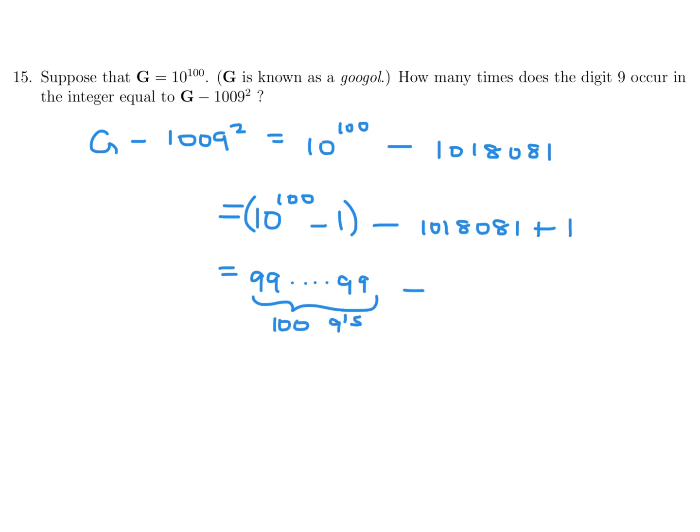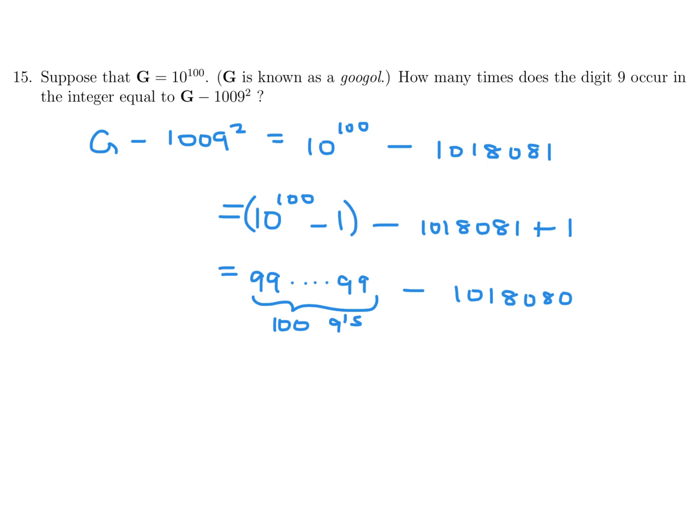And then this one, and that's just a number. That's just 1,018,080. Hold on, what did I do here? 1,018,080, right? Because it's a negative number.